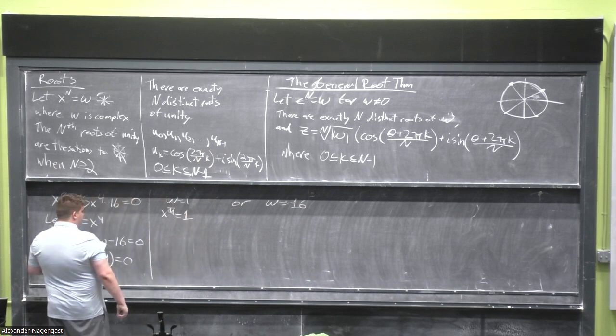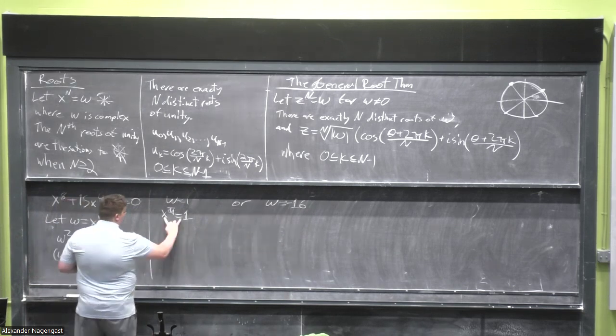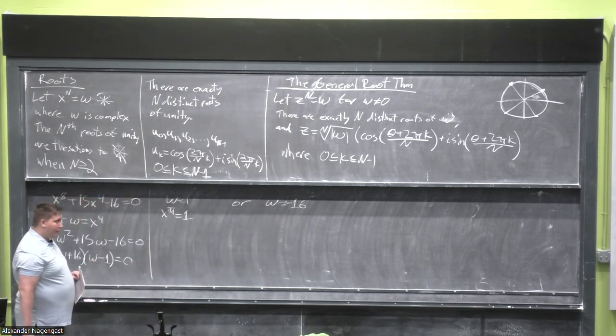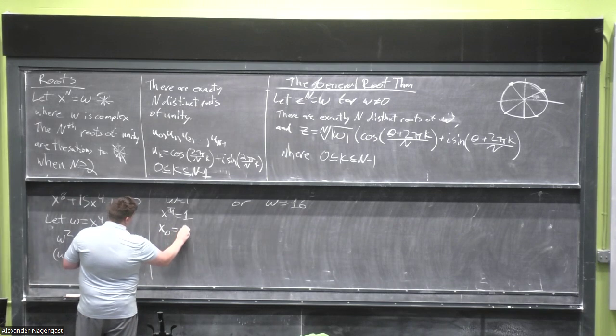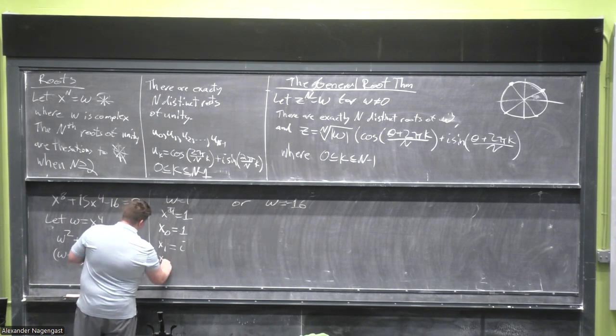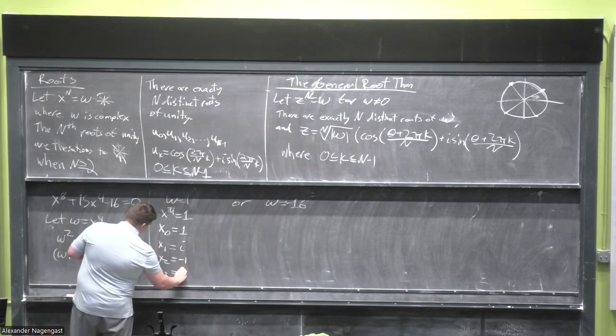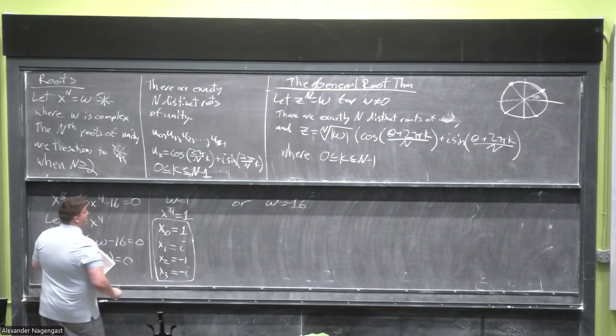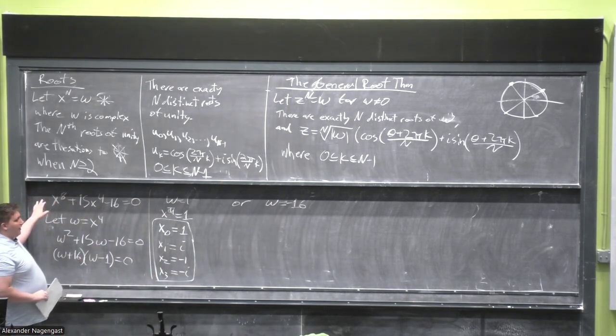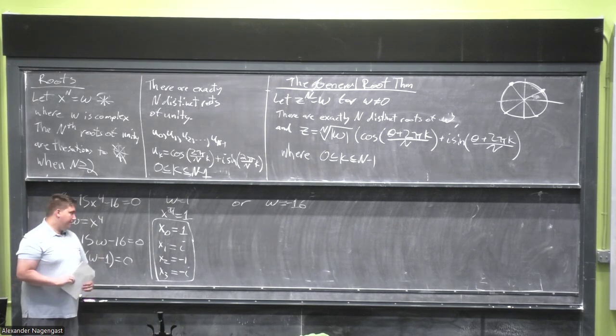And this is the same as the fourth roots of unity. So from the previous example, we have x naught is equal to 1, x1 is equal to I, x2 is equal to negative 1, x3 is equal to negative I. Because although I wrote an x, this x is a complex number.